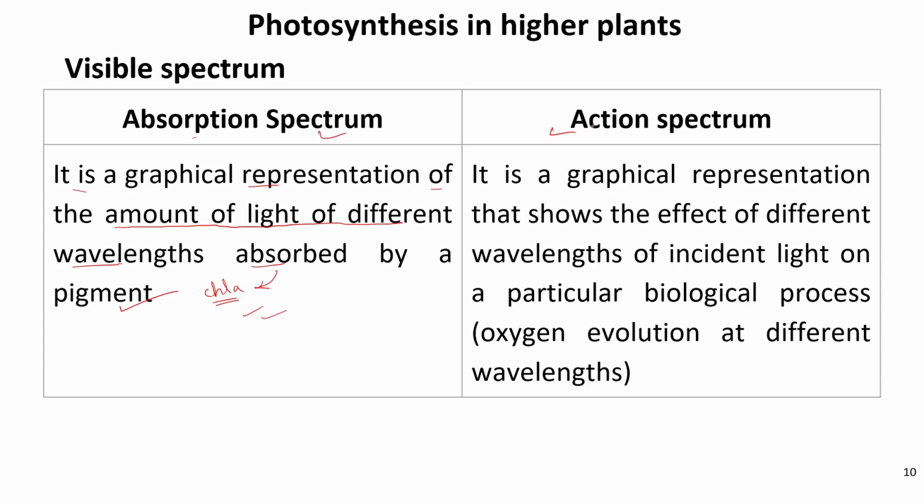And what is action spectrum? Action spectrum is a graphical representation that shows the effect of different wavelengths of light on a particular biological process, such as oxygen evolution at different wavelengths of light.